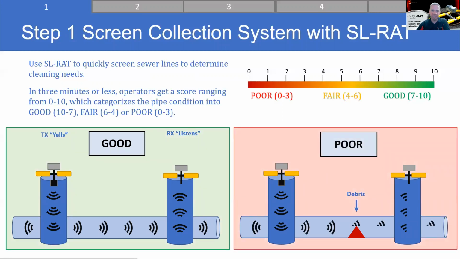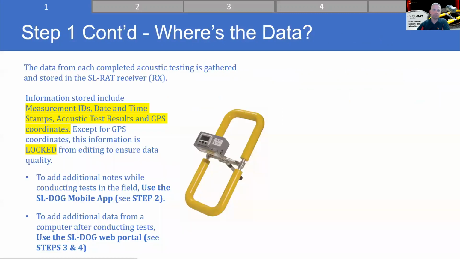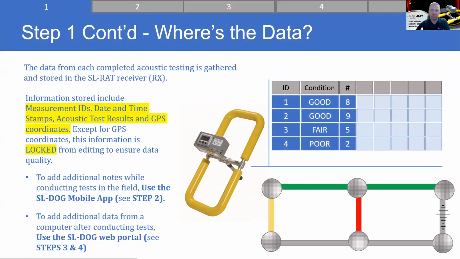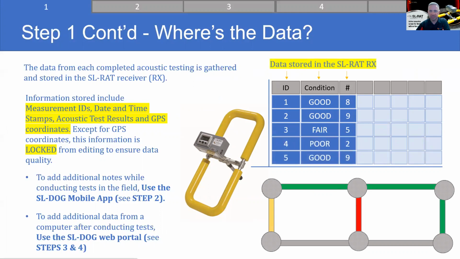Because there's no flow contact and there's nothing getting lowered into the manhole, the test itself is very quick. This is the first step, collecting field data. Now, this is a brief picture of your measurement IDs, your condition assessments, and the scores or condition of the pipe associated with those in the SLRAT.